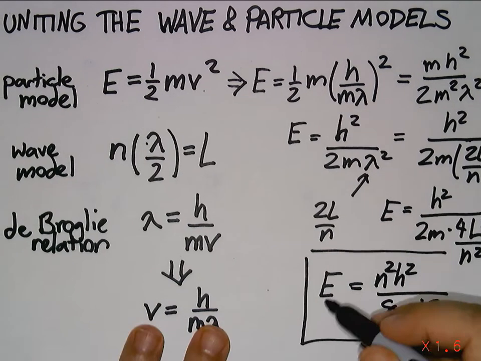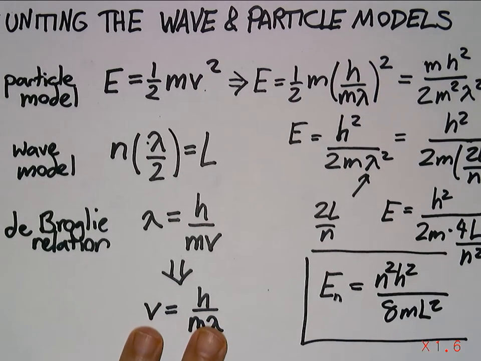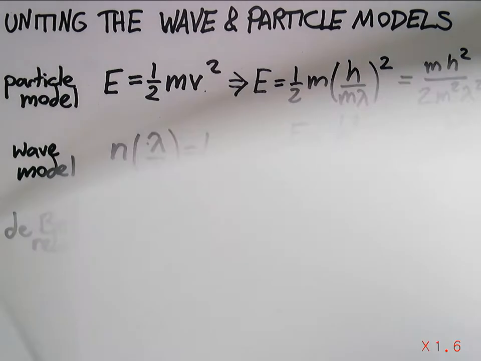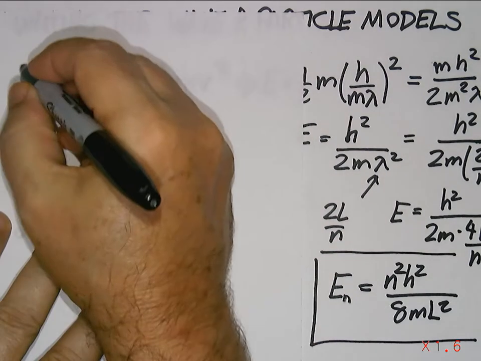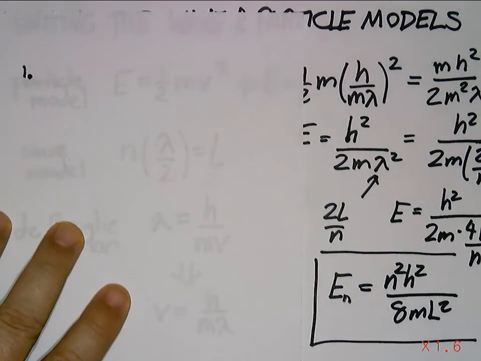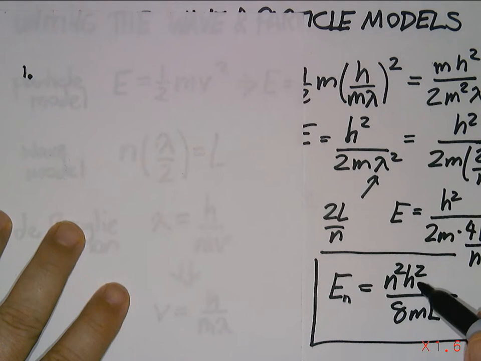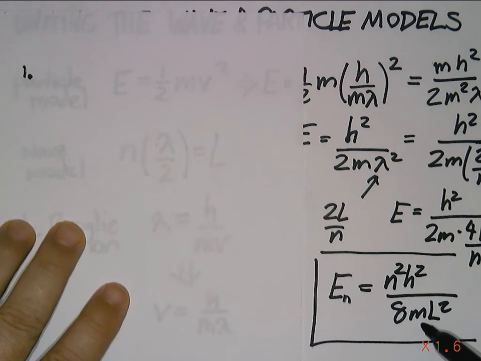What does it tell us? There's a couple of points I want to make here about this equation. Point 1. Can the energy ever be zero? Well, h is Planck's constant. That's never 0. 8 is never 0. The mass of the electron is not 0.